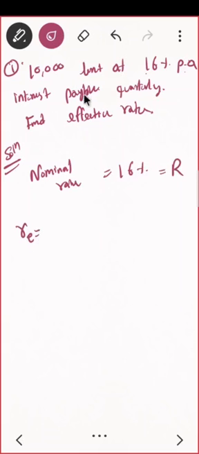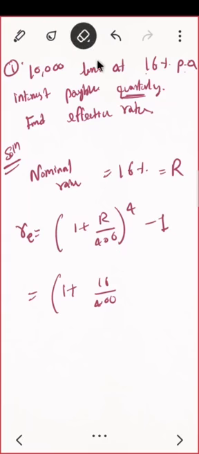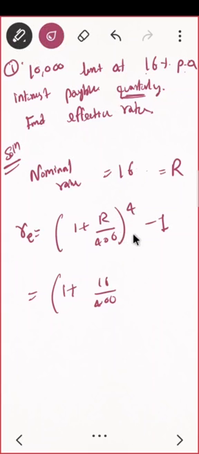You are given payable quarterly, so when it is quarterly, what is the formula? 1 plus R upon 400 raised to 4 minus 1. So it will be 1 plus 16 upon 400. Do not write 16% here. It is 16. So 16 upon 400, raised to 4 minus 1.